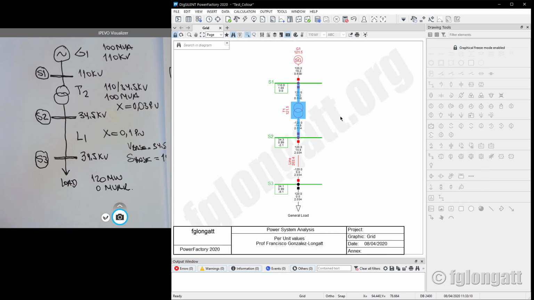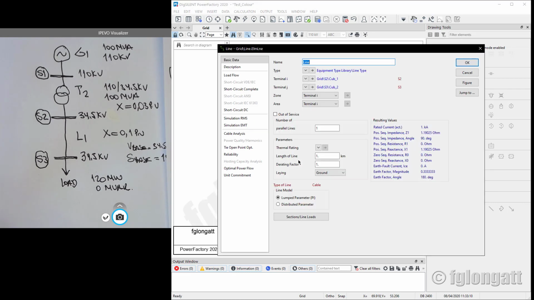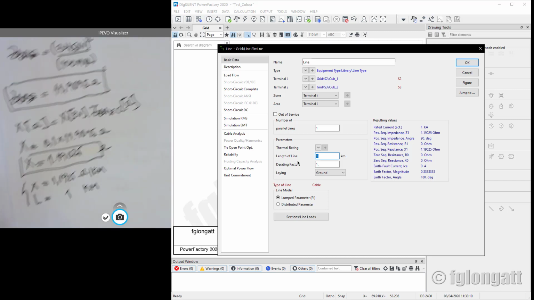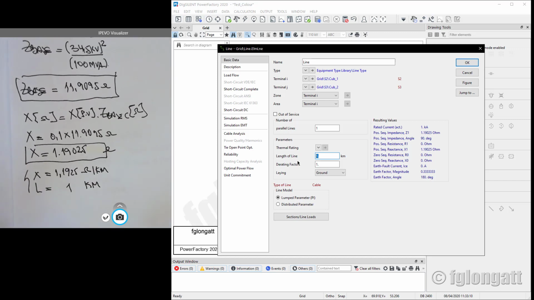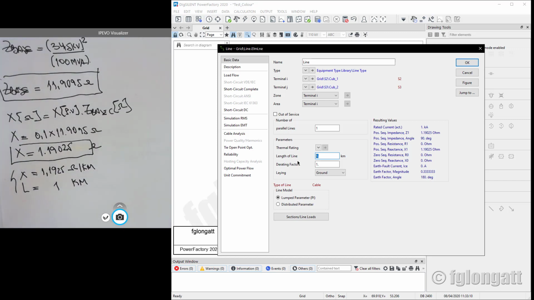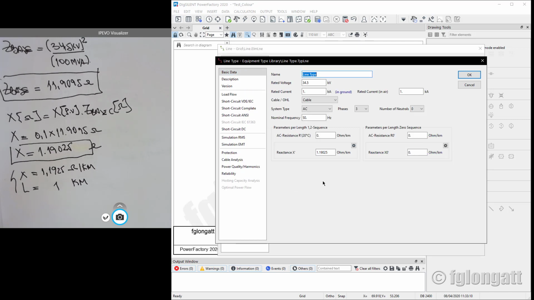And then we have the transmission line, and that is where I will stop here. I stop here because you can see that I am using 1 kilometer. And because I am using 1 kilometer, here in the type, sorry, you can see that I am using 1.19025.